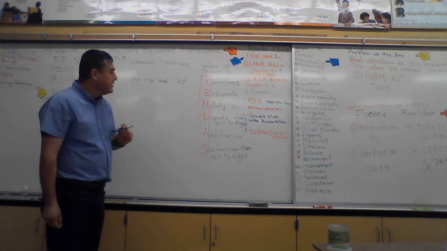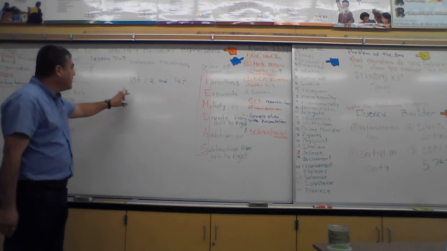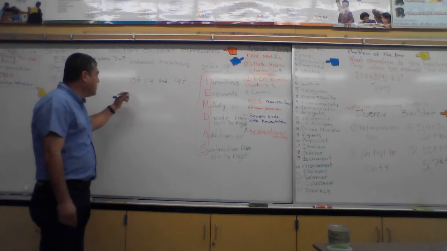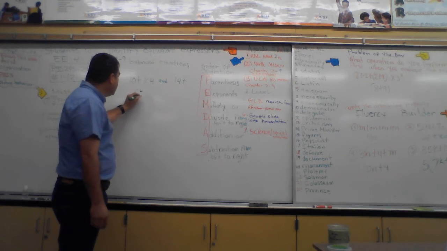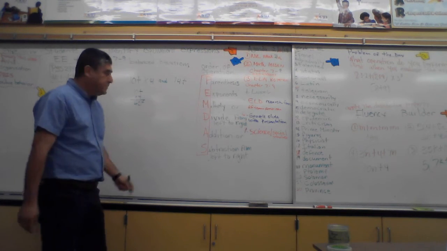Let's go back. It's supposed to be times 4. My error, my apology. Now let's multiply 10t times 4. When we multiply 10t times 4, we will have 40t.